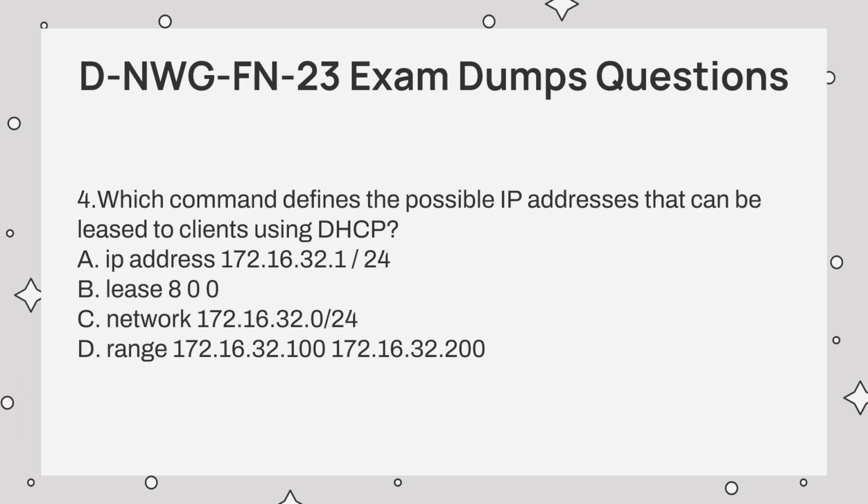4. Which command defines the possible IP addresses that can be leased to clients using DHCP? A. IP address 172.16.32.1/24. B. Lease 8.0.0.